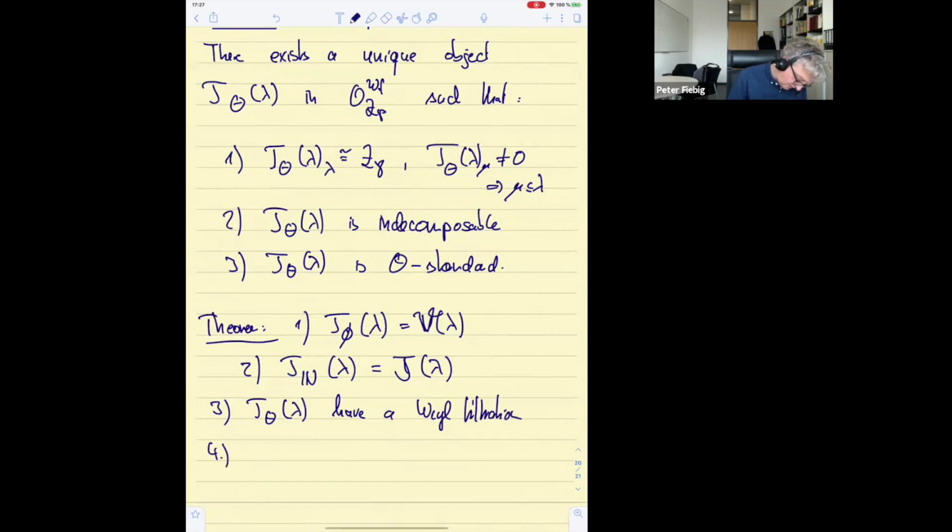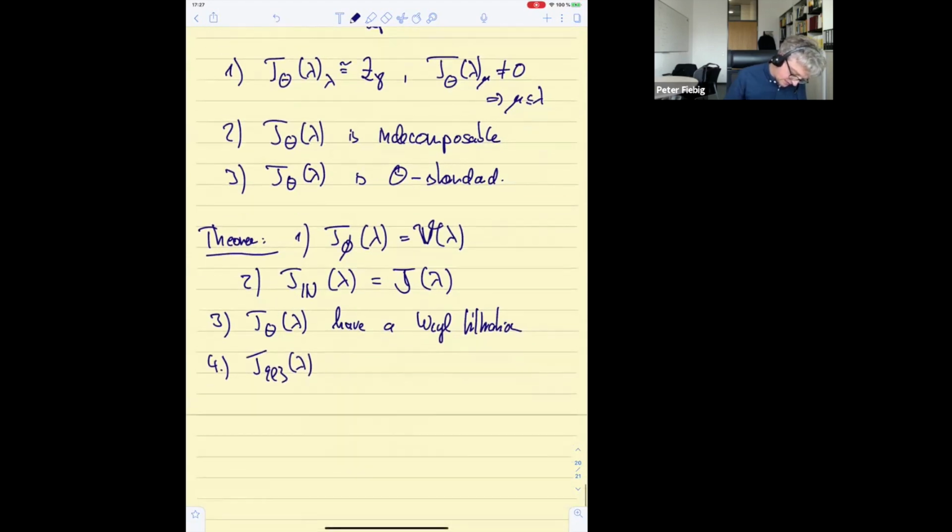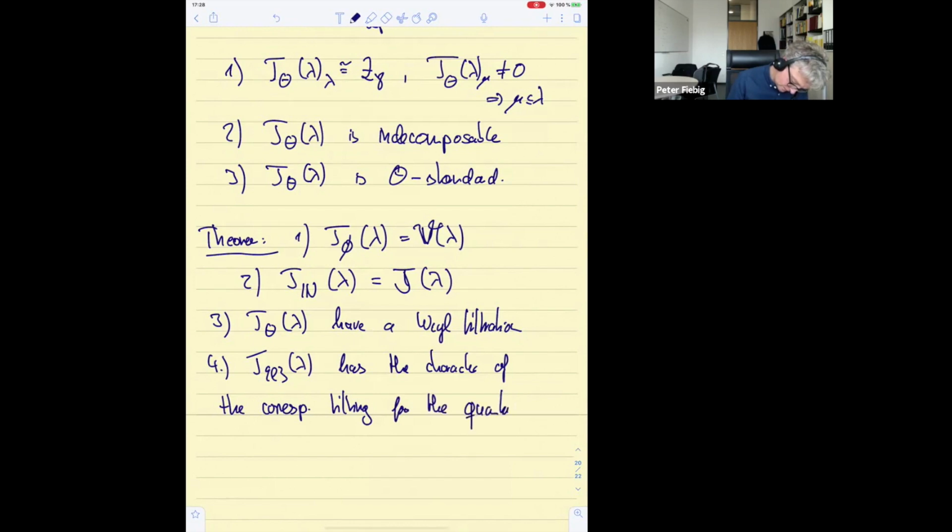And fourth, if we just take one element, then this has the character of the corresponding tilting module for the quantum group at p to the lth root of unity.